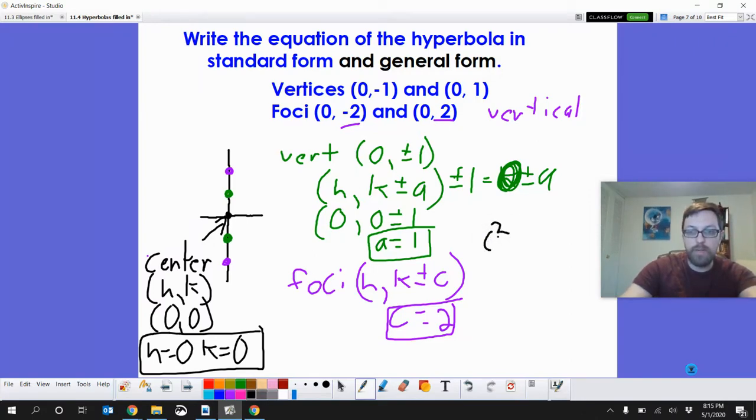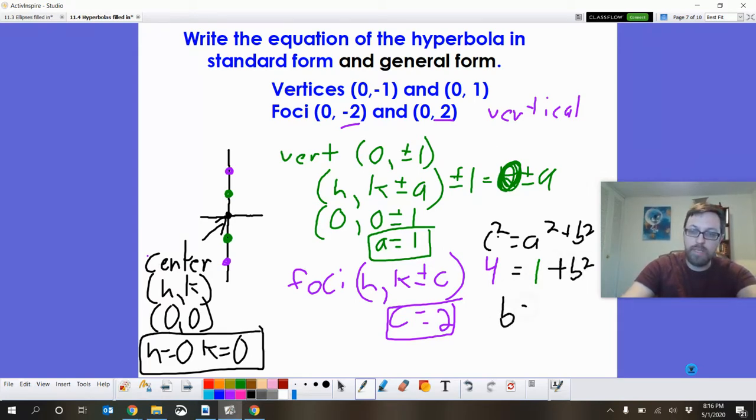So C squared equals A squared plus B squared. So our C squared is going to be 4, 2 squared. Our A squared is going to be 1, 1 squared. Equals A squared plus B squared.